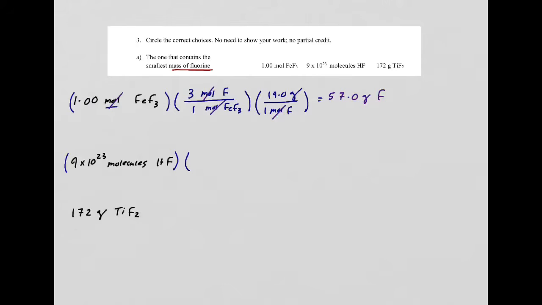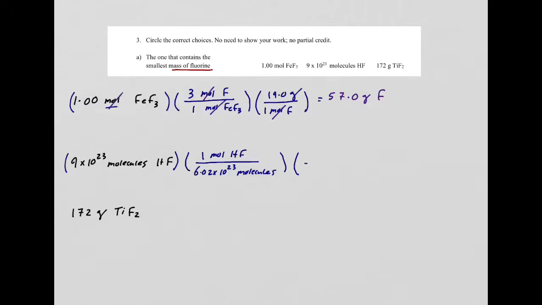I have molecules. Well, that's okay. I can convert molecules to moles. That's not a problem, right? How do I do that? Avogadro's number. So 1 mole of HF would be 6.02 times 10 to the 23rd molecules.